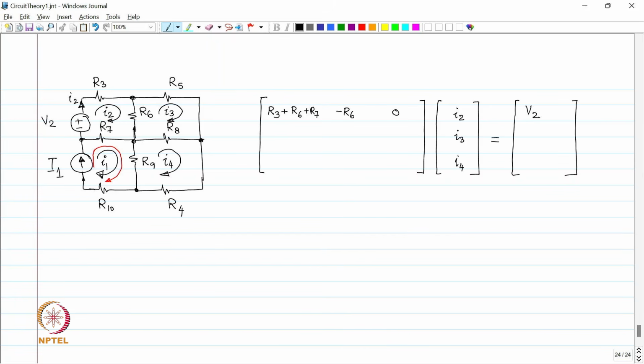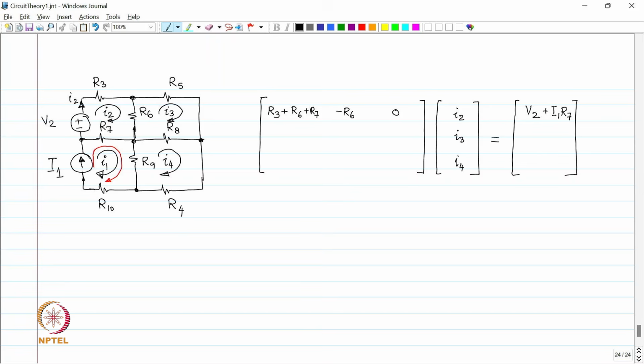What do I do with the I1? I move it to the right hand side, okay, because it is a known quantity. Fine. Next, I3, nothing changes, or does it?